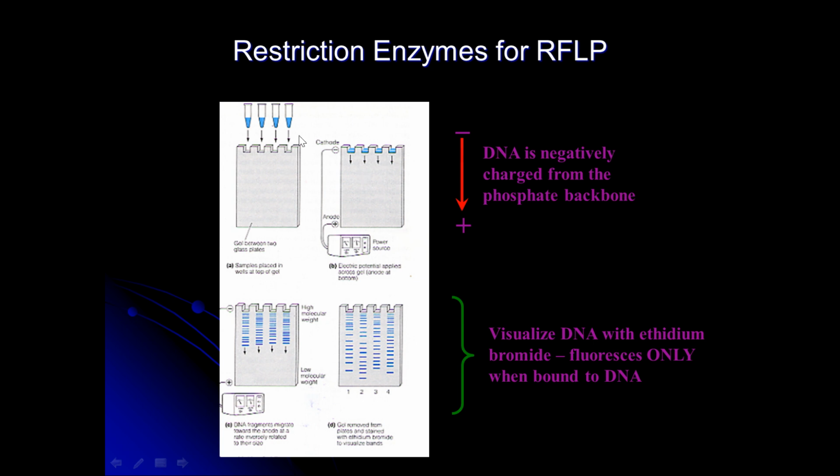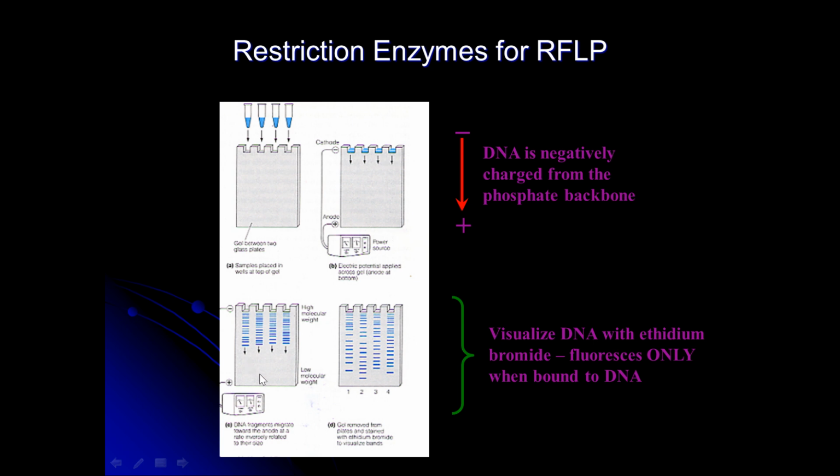The DNA molecule is negatively charged, right? So they move toward the positive charge. You already know that smaller things move faster as compared to larger ones. So a smaller fragment will move faster to the bottom, and a larger molecule will stay at the top.